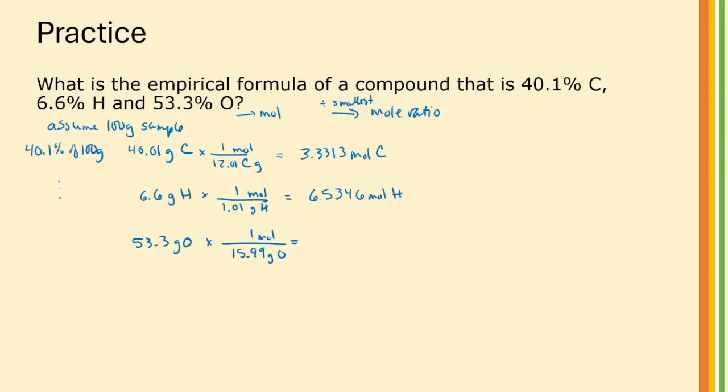So 53.3 divided by 15.99, I'm not ready for sig figs at this point, is 3.33 moles of oxygen. Okay, at this point, I want to identify the smallest. So this appears to be the smallest amount of moles. Therefore, I'm going to divide all of these by 3.3313.